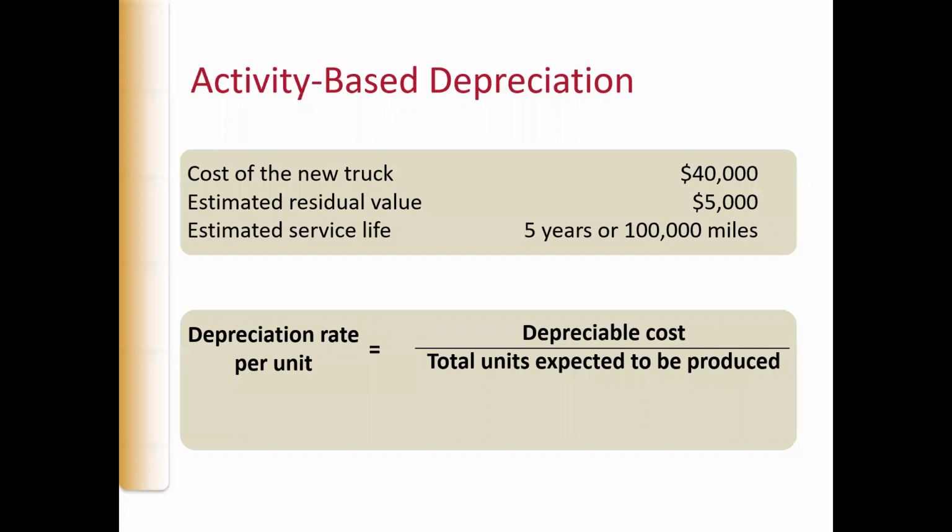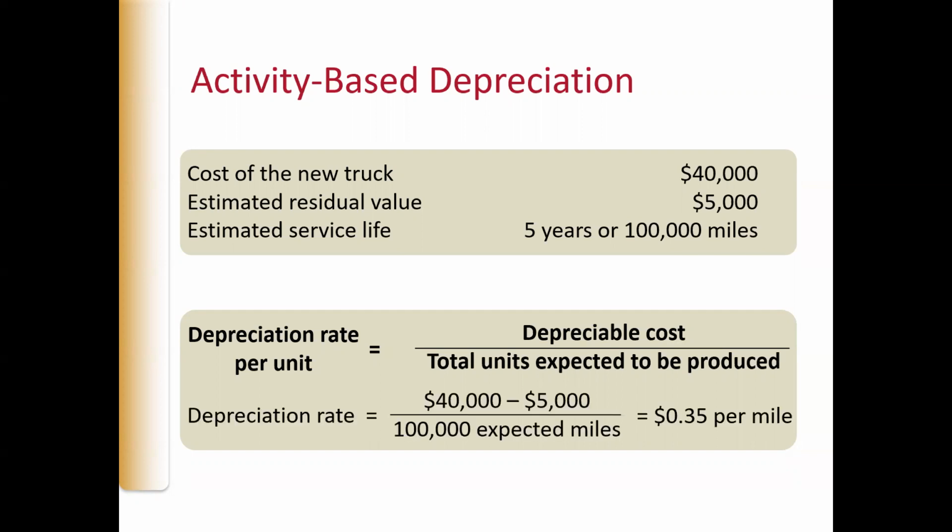Okay. This last method is similar to straight line. It's similar to the first method. Instead of years, you're going to take some factors such as mileage. We take our depreciable cost, just like in straight line, the 40,000 minus 5,000 residual value, and divide that by the number of miles to come up with 35 cents a mile.